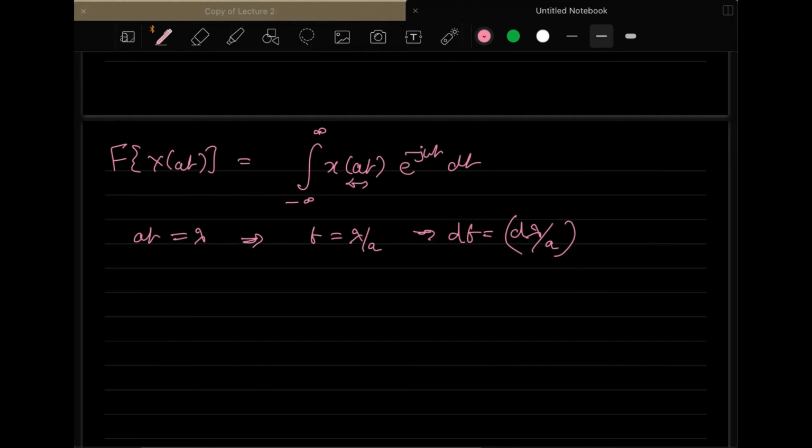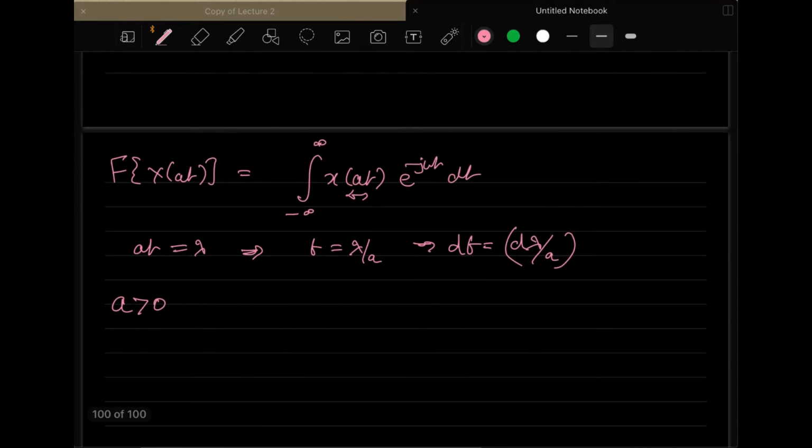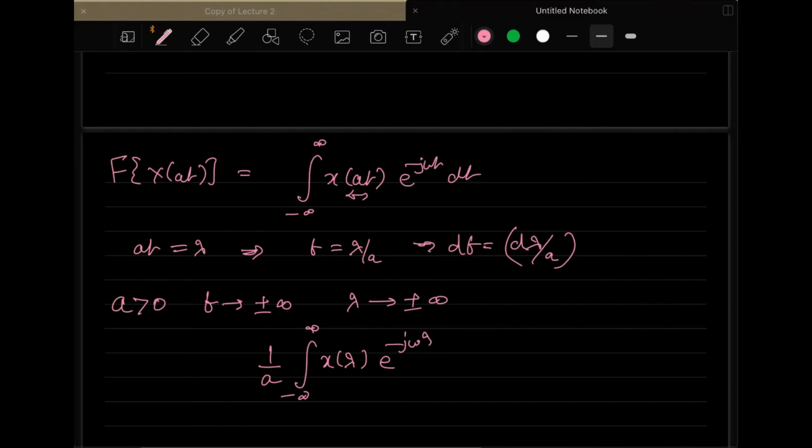Now we take two cases, for example when a is greater than 0. In this case, if t tends to plus minus infinity, then the corresponding limits of lambda will also tend to plus minus infinity, because a is greater than 0. So the limits will be the same. You can write 1 by a, integration from minus infinity to infinity of x of lambda e to the power minus j omega lambda by a, d lambda.